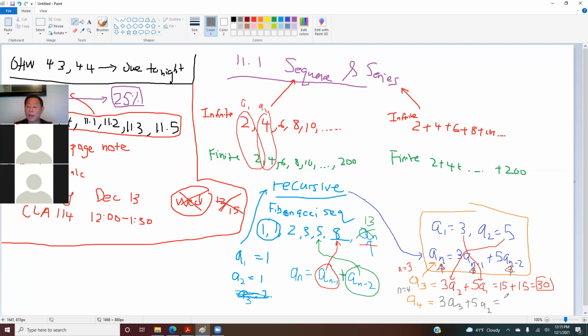So the A3 is the one that you found before. It's 30. So that means 3 times 30. And then 5 times A2. A2 is the one given to us, in this case 5. So 3 times 30 is 90. 90 plus 25 is 105. So this is how you figure out your recursive sequence in this case. Guys, any questions?